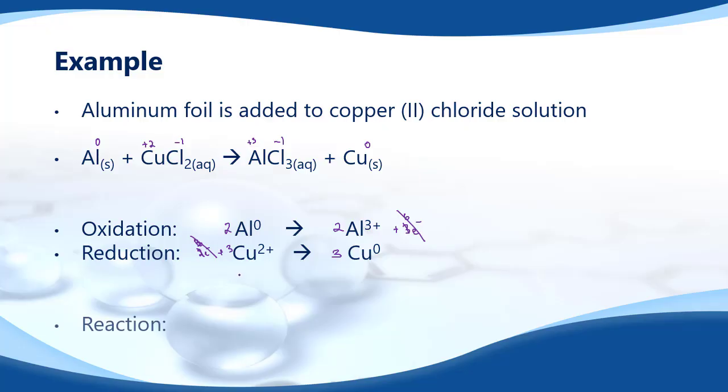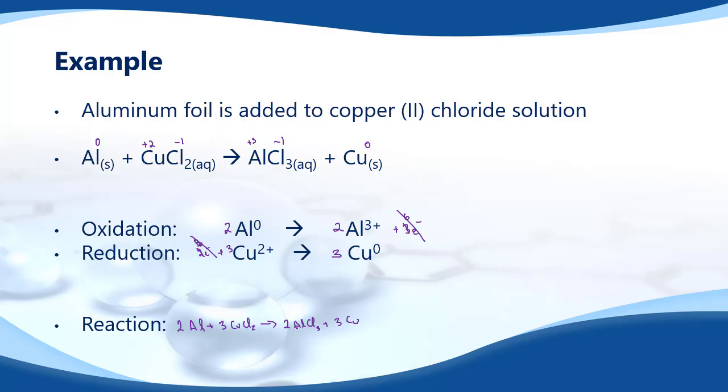And now my final equation is just going to be rewriting the reaction, right? So I have 2Al. Now my copper 2+ is attached to chloride. So I'm going to do 3CuCl2. That will yield 2 aluminum attached to the chloride, so 2AlCl3 plus 3 coppers.